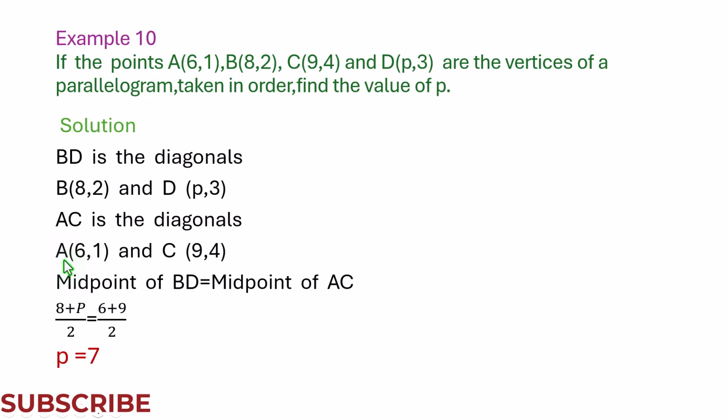A is (6, 1) and C is (9, 4). The midpoint of BD is equal to the midpoint of AC. Here p is the x value, so we can take only the x values and avoid the y values. (8 plus p) upon 2 is equal to the AC midpoint, (6 plus 9) by 2. So the 2 cancels, and p is 15 minus 8, which is 7.